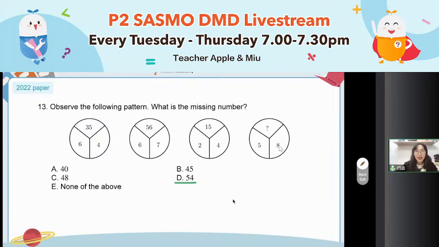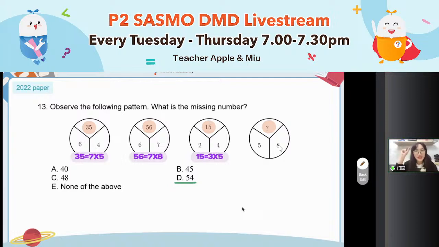Okay, so after that, everyone, yesterday Teacher Apple told you what a multiple and what a factor is, right? Do you still remember the definitions? Okay, maybe you can think about it. 35. Which number multiplied by which number equals 35? Look, I can show you. 35 equals 7 times 5, right?